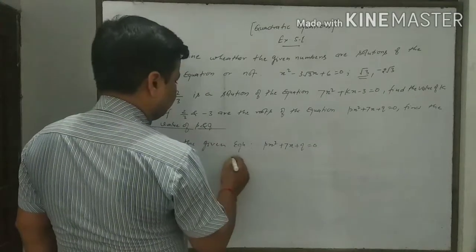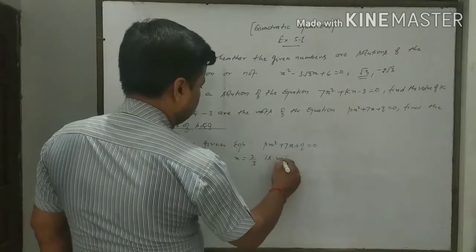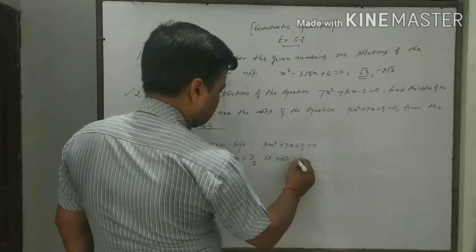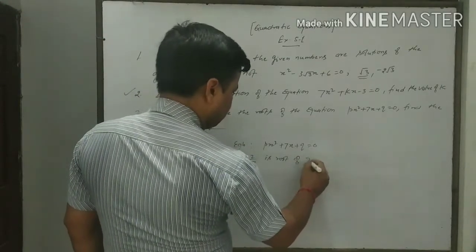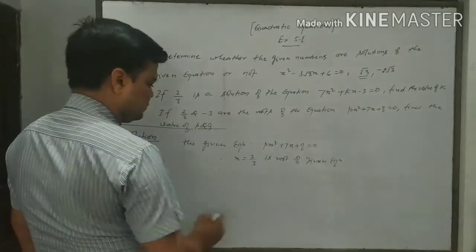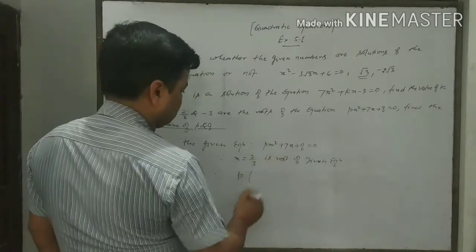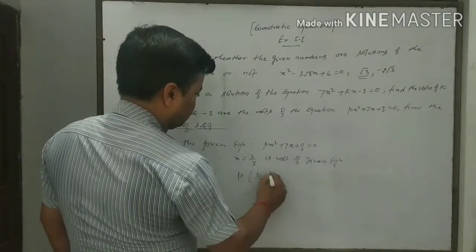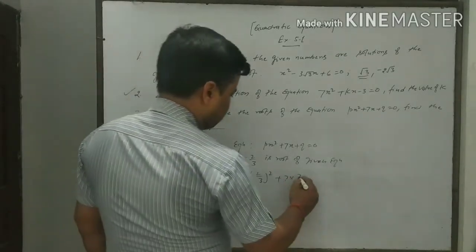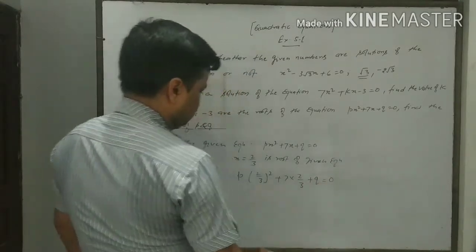Now since x = 2/3 is a root of the given equation, therefore at the place of x we put the value 2/3: p(2/3)² + 7(2/3) + q = 0.